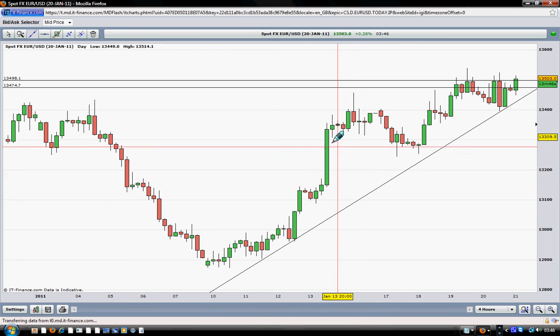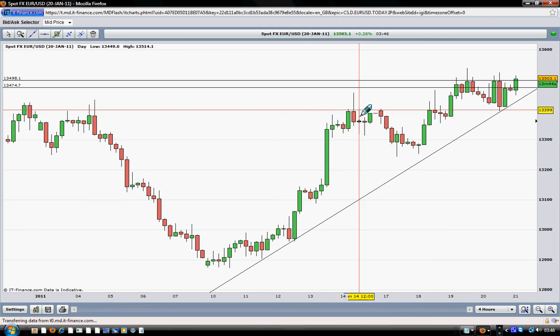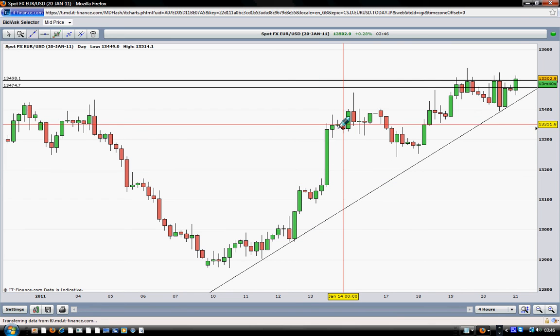The price can be above a trend line and experience a weakness. So the price is going up first, the price is above the trend line, the trend is up, yes, but is the trend weakening? Is the trend still strong? That's the question you have to ask yourself. It's not because the price is above the trend line that it is therefore 100% bullish.